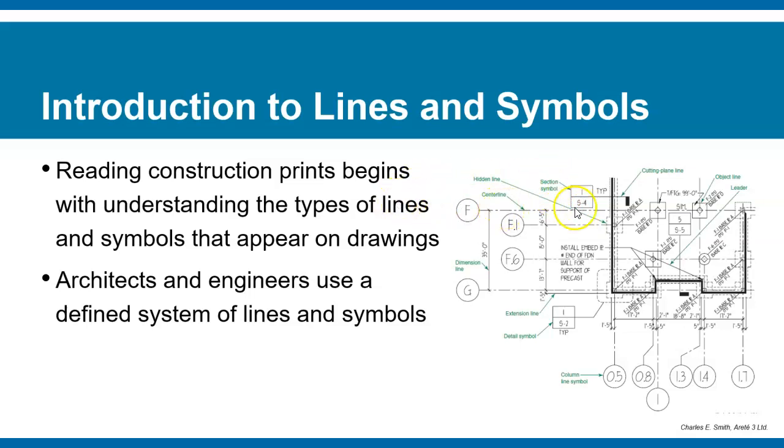We spoke about earlier. This is the section line or the cutting plane, the cutting line that goes right through that wall. It also crosses that dashed line, and it crosses this dotted line. And then it has this flag, which is on a particular side of the line, pointing down.